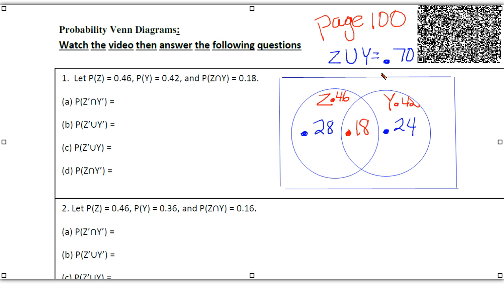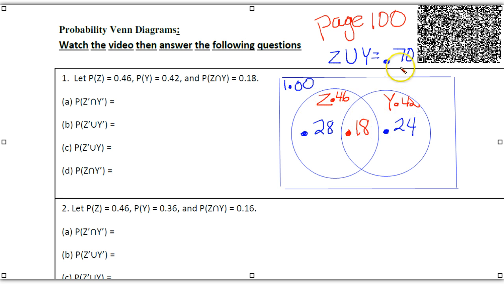Now I'm doing this in some detail here so you can see how we get our values. Well, if that is the union, what would be left outside of it? Because again, this is 100%.